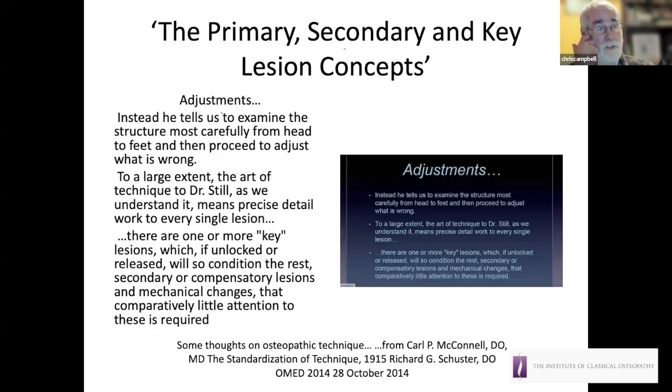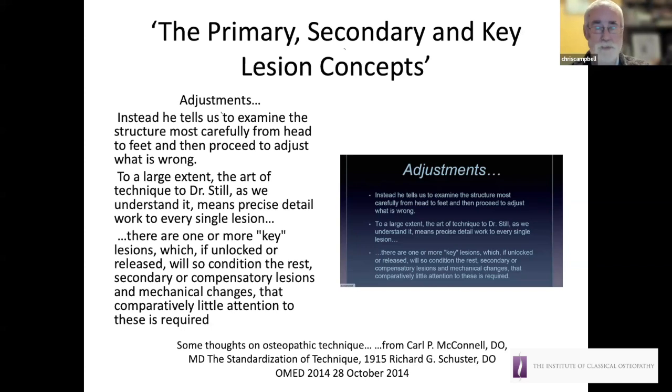And this was Schuster, again, taking Carl McConnell's words and talking about the key lesion as he understood it. And he adds that to a large extent, the art of technique, as we understand it, means precise detail work to every single lesion. And then he repeats what McConnell said about the key lesion.